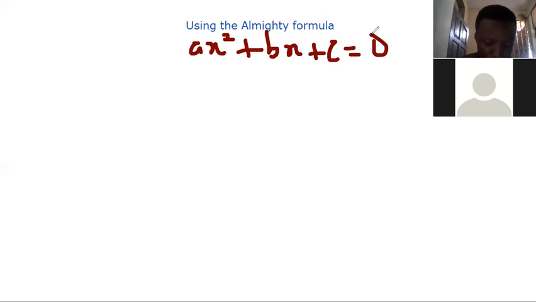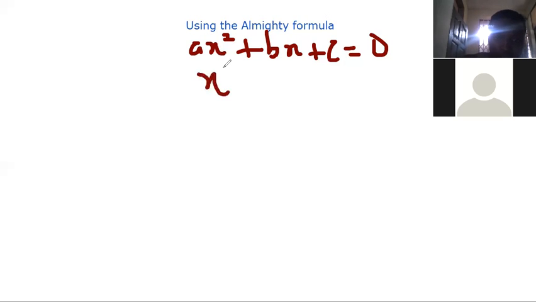And then we are going to use completing the square to obtain a formula that we can just use, so that we wouldn't have to go through the whole completing of squares each time. So under completing the square, we want x to stand on its own. So we are going to divide through by a.